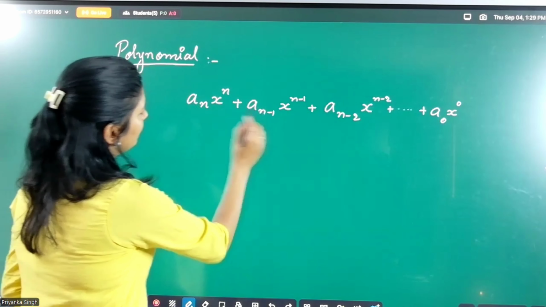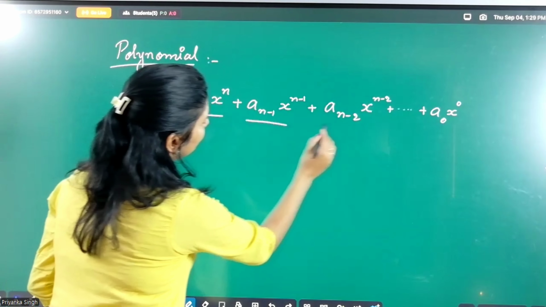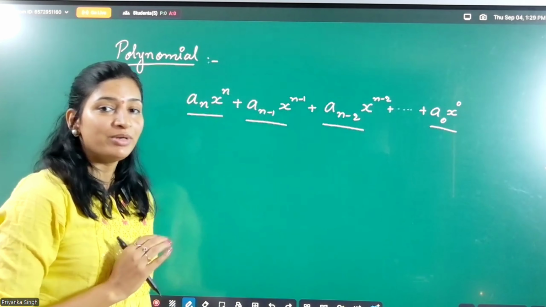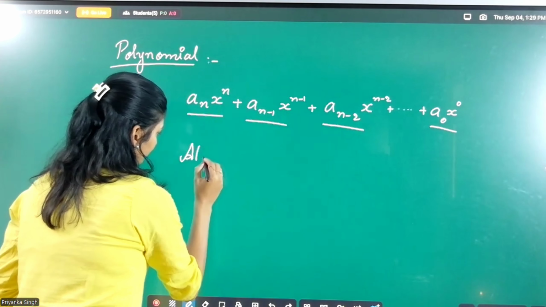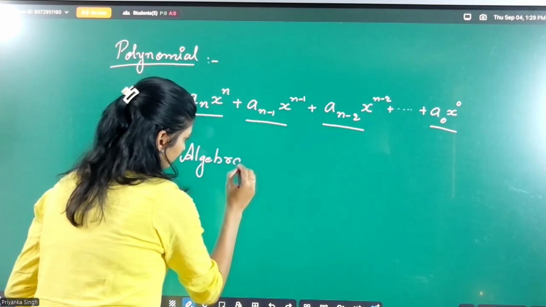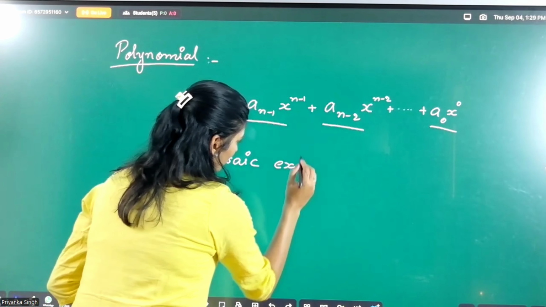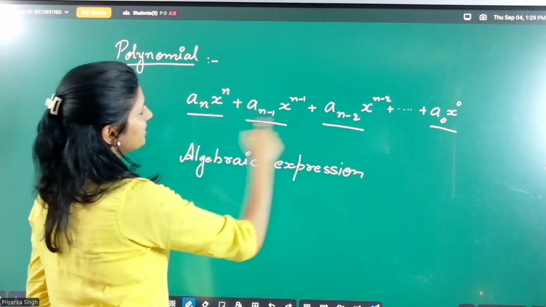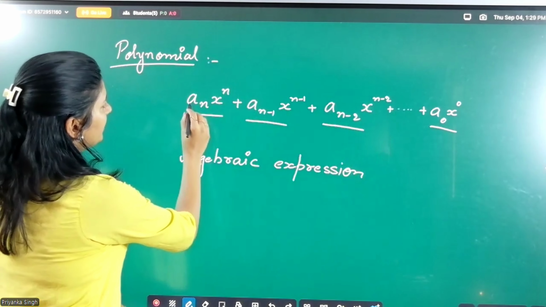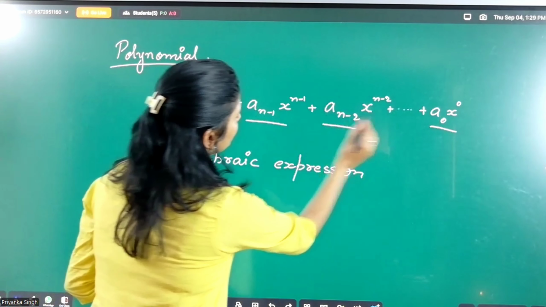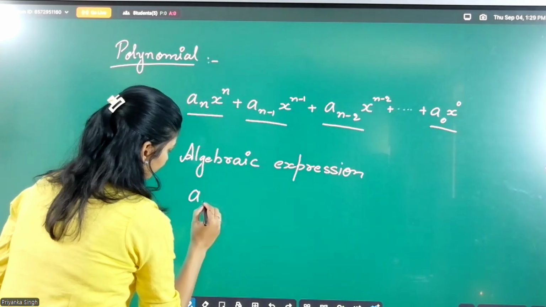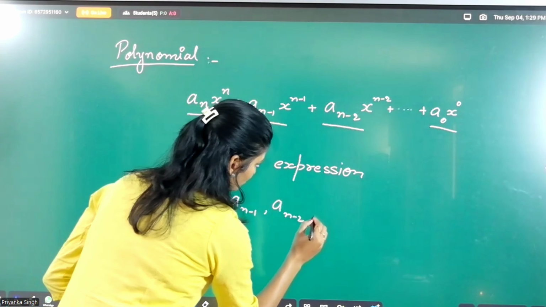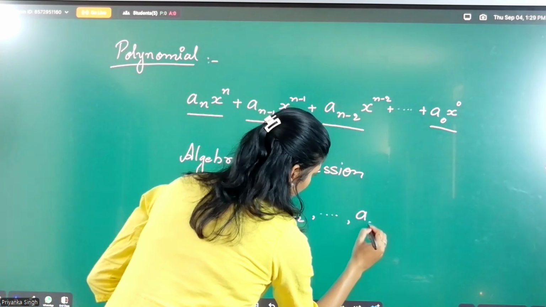And each one of them are different terms that we have in a polynomial. So it is an algebraic expression. तो पॉलिनोमियल हमारा एल्जेब्रिक एक्सप्रेशन होता है जिसका स्टैंडर्ड फॉर्म ये है. इन दिस ऑल दीज आर द कोफिशिएंट्स an minus 1, an minus 2, so on till a0.